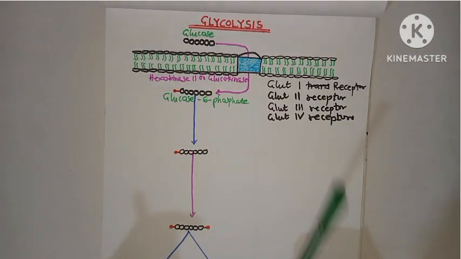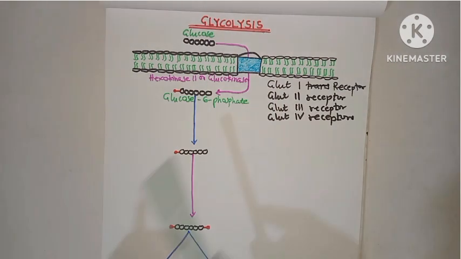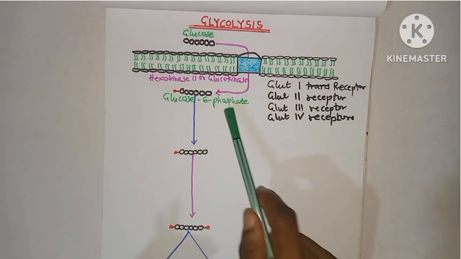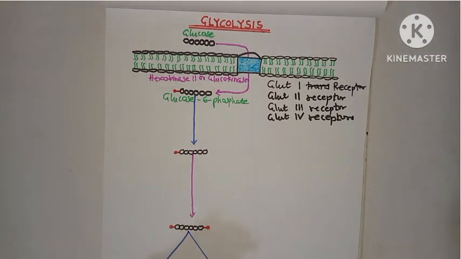But in the liver, it is catalyzed by glucokinase. The liver is the only one having glucokinase that is catalyzing this reaction. So one of these enzymes will convert glucose to glucose 6 phosphate. But where does the phosphate come from?